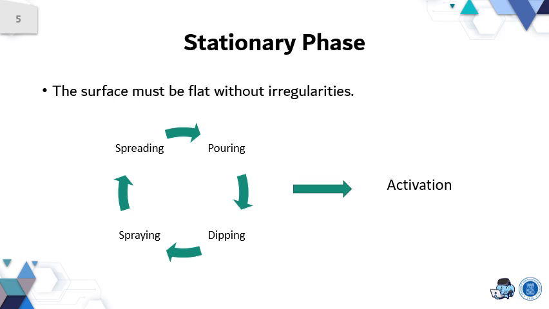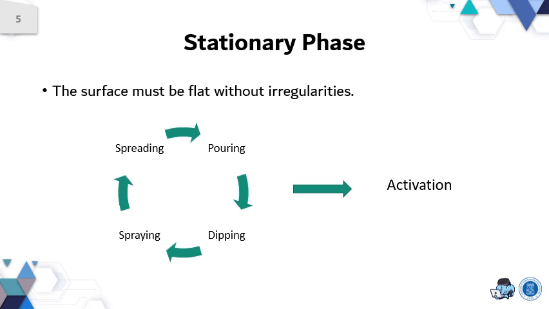But some time ago, or maybe some places still use this method, they make the stationary phase by themselves. And it's not a simple thing because you have to do four steps in making the stationary phase: pouring, dipping, spraying, and spreading.